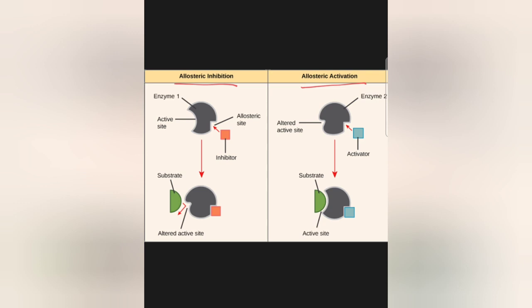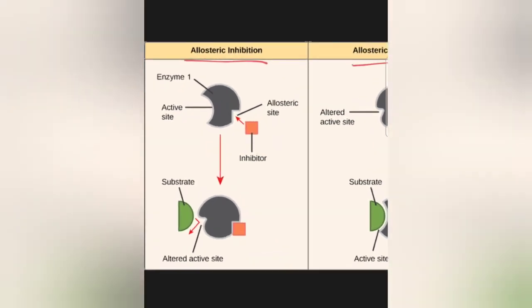When an inducer molecule binds at the allosteric site of the enzyme, it will be a favorable change, and if an inhibitor molecule binds with the allosteric site, then the change will be unfavorable. Based on this property, there are two types of allosterism, which I have told you already. I just told you on what it is based.